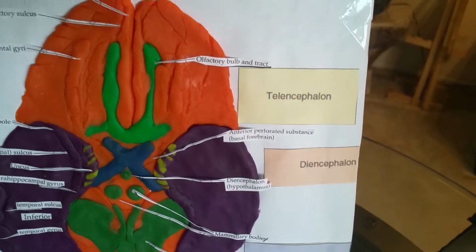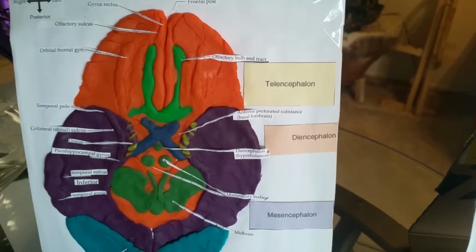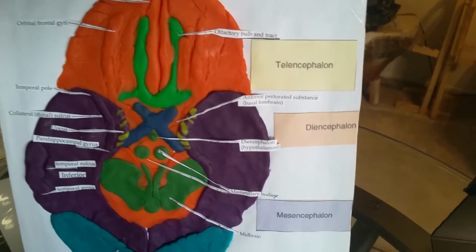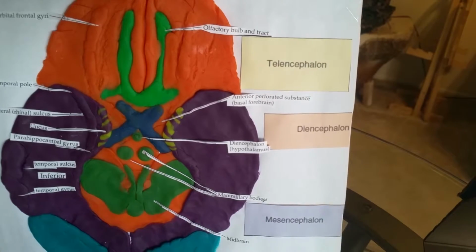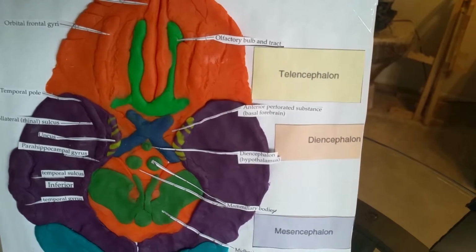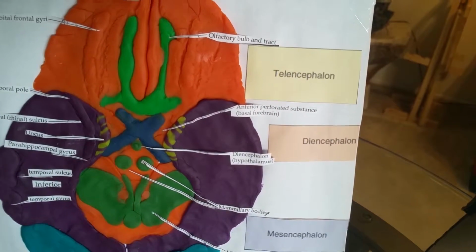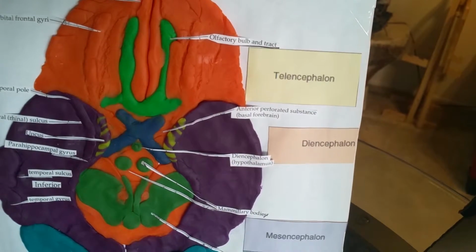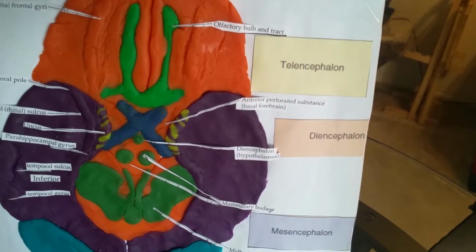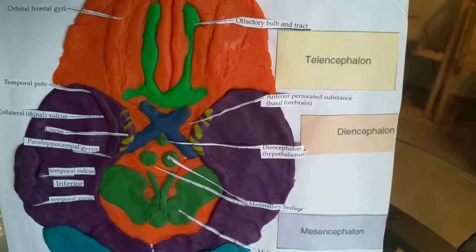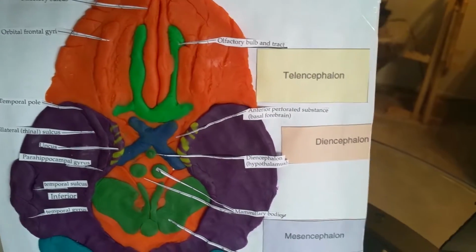Just some additional information about using the inferior view of the brain. Within the telencephalon, we have the cerebral cortex, which contains the limbic system and the basal ganglia, again related to emotions.